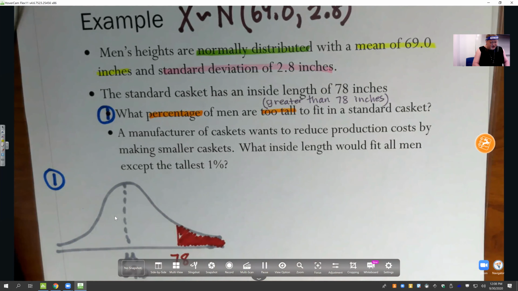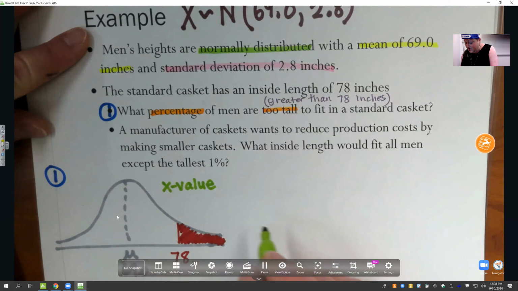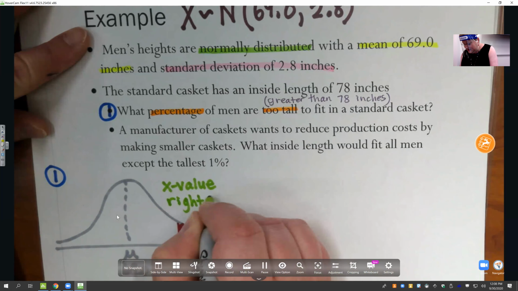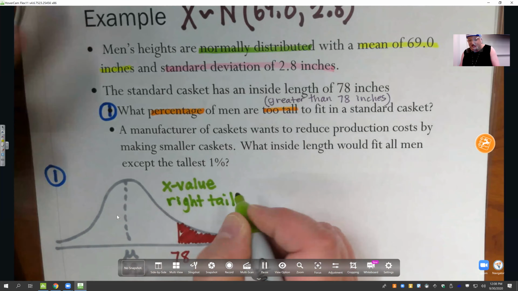So again, just to make sure you get it, you're going to do an X value here because you are looking for the percentage and you have the X. And we're going to do right tail because we're saying greater than.